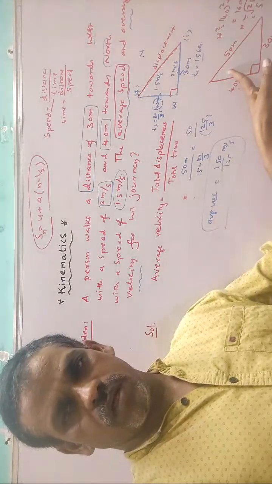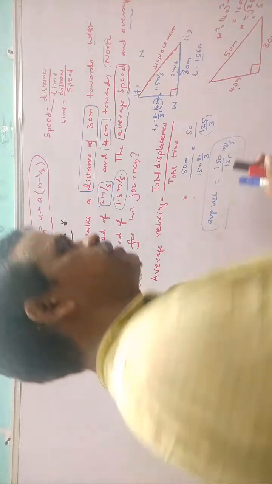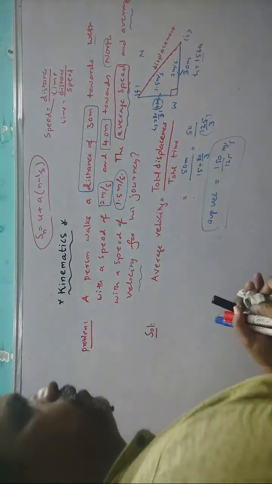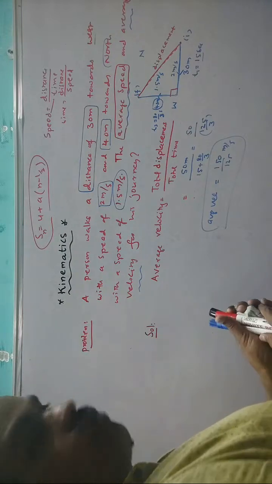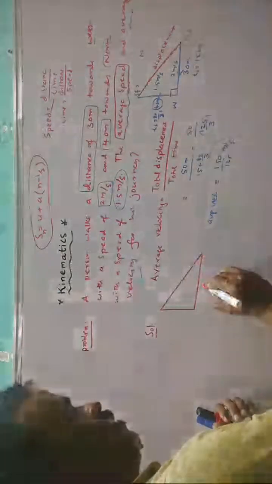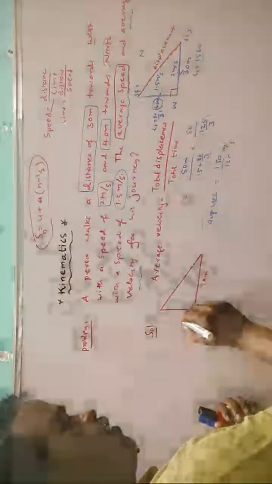I think this is not visible. So I will explain here. This is a triangle, we have 30 meter, 40 meter.